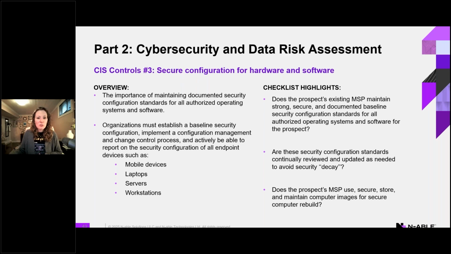We're looking at mobile devices here, laptops, servers, workstations. This is a control that is specifically mentioned as part of the cyber liability insurance application forms.